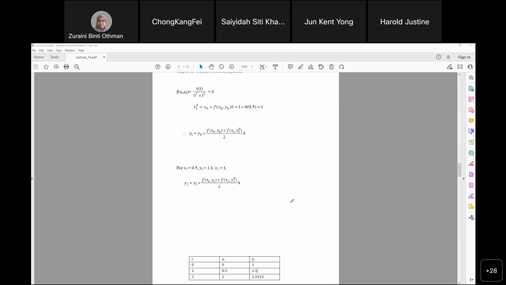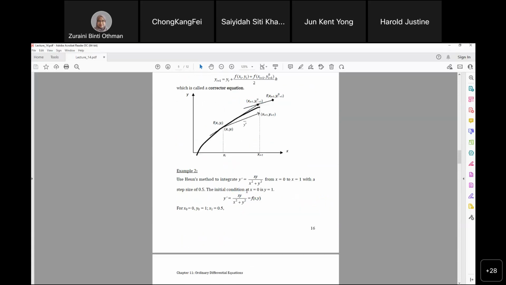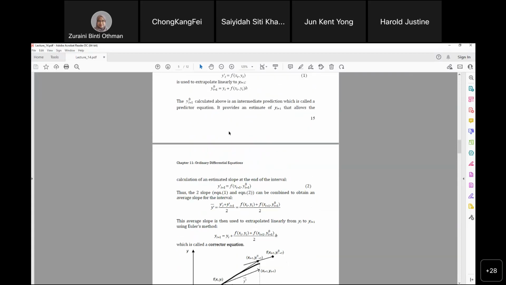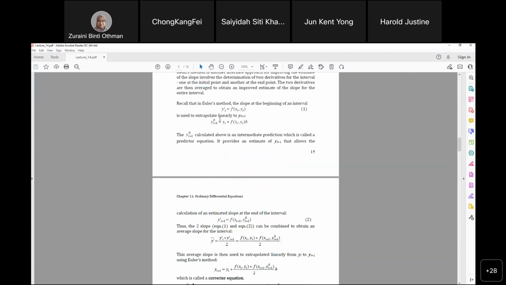Bila kita baca dia punya atas ni, use method. Okay. Then the formula use yang ni. This is the Euler Method, yang previous Euler Method tu kita akan guna yang ni. This is Y0 I plus 1 calculated above in intermediate prediction. And this is from the Euler Method.